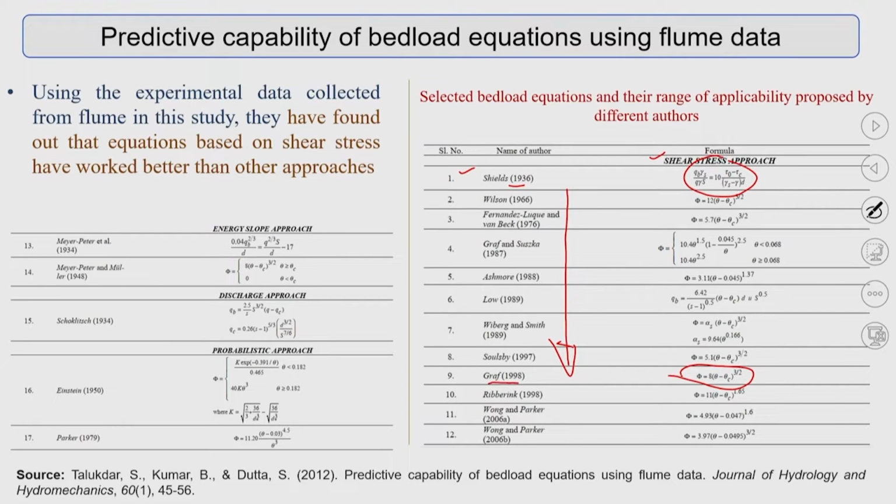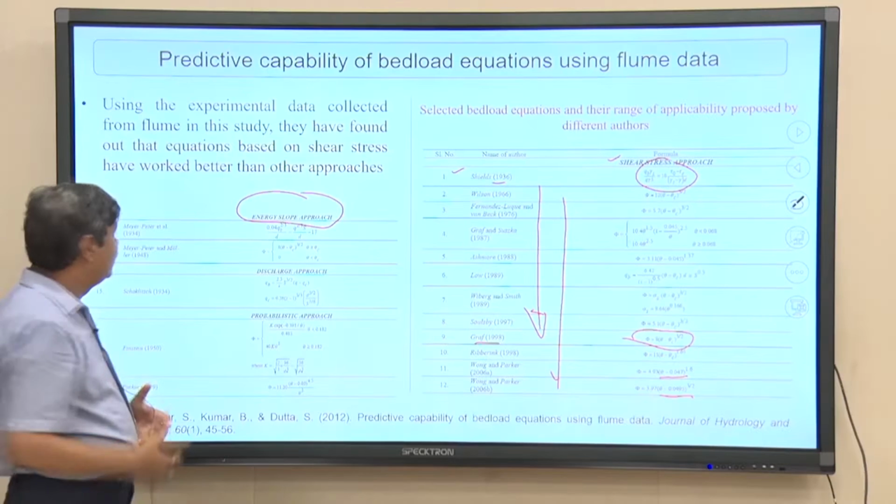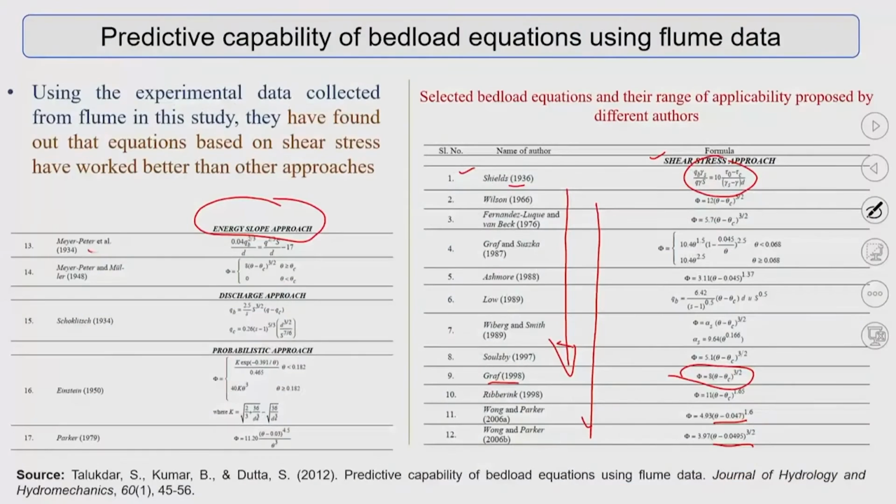Likewise, there are different models and different empirical equations, some with lengthy expressions and some with a simple power function, all with certain assumptions. Similarly, there is the energy slope approach, where equations are established such as the Meyer-Peter formula of 1934 or the Meyer-Peter and Müller formula of 1948.